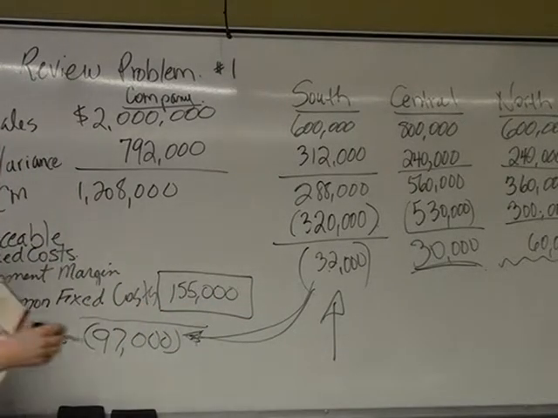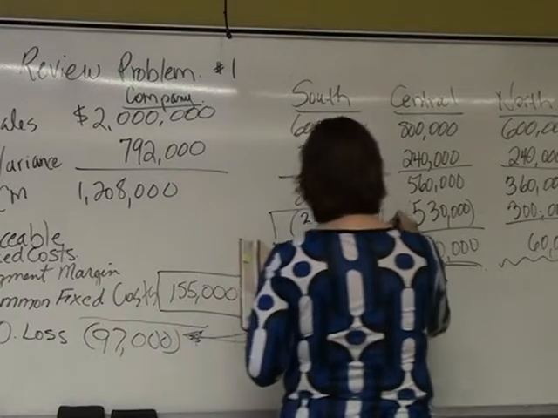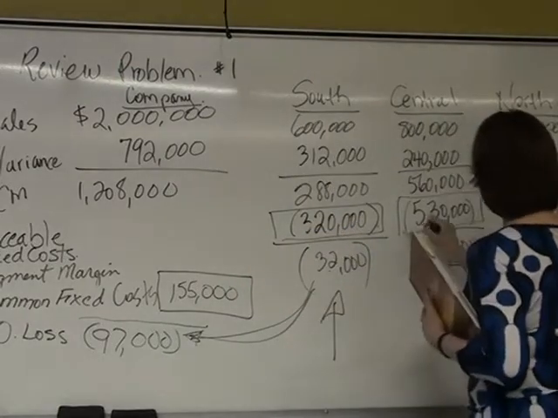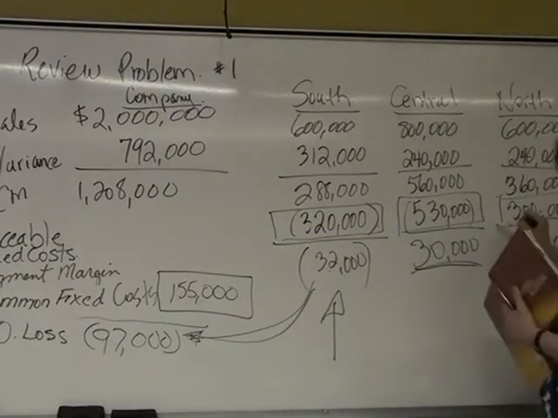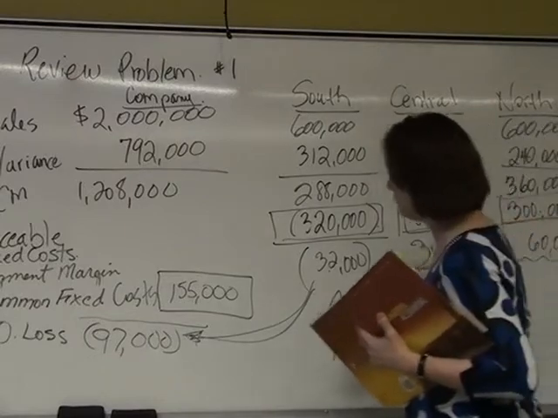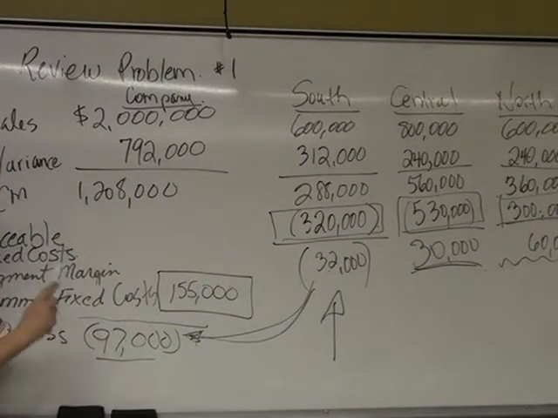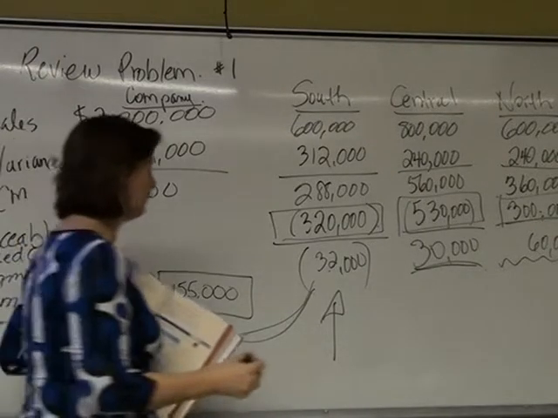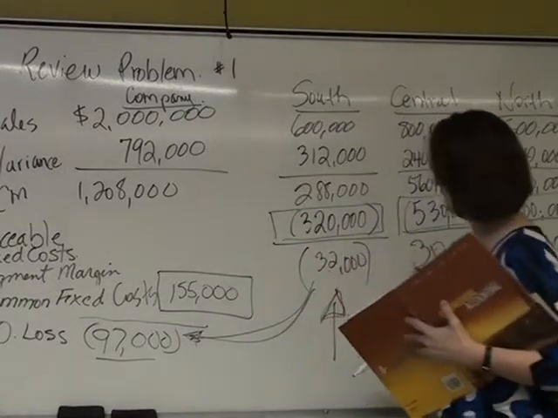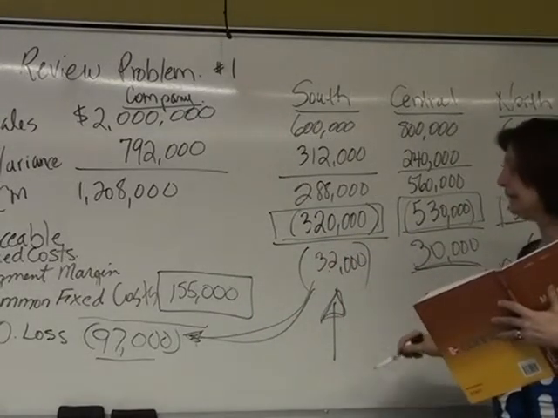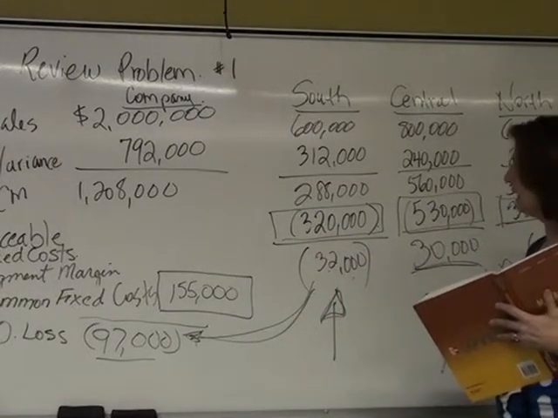But all of these traceable fixed costs. So my question to you is, if they have an operating loss of $97,000, what will be their operating loss if they drop this line? What will be their operating income if they drop this line?